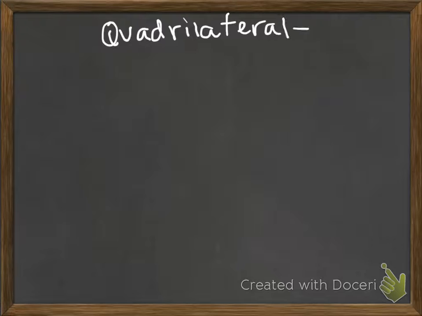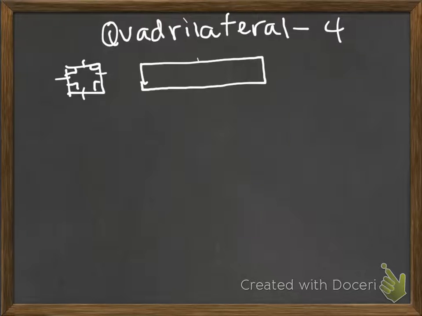So we're going to move on to some other shapes. Let's go to four-sided shapes. These are called quadrilaterals. Four sides. So you have your basic square where all sides are equal and all angles are equal. They're all 90 degrees. You have a rectangle where opposite sides are equal in length and they're parallel.